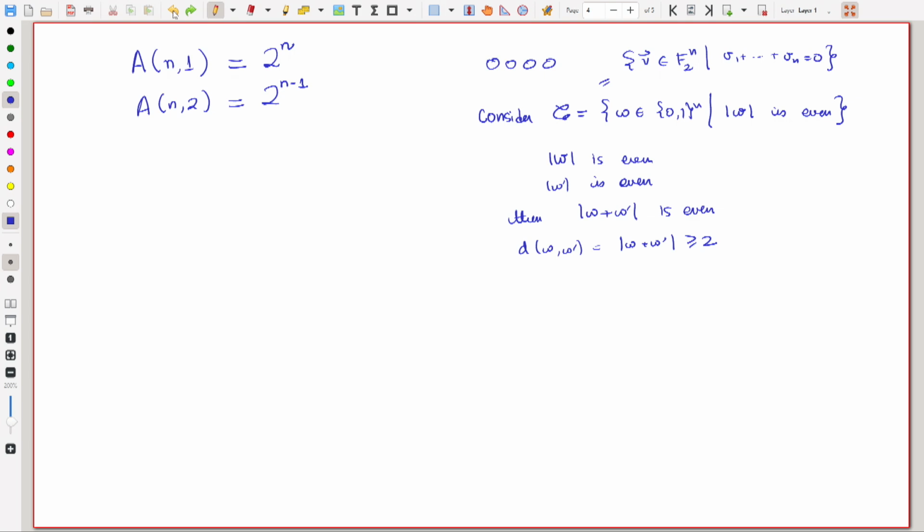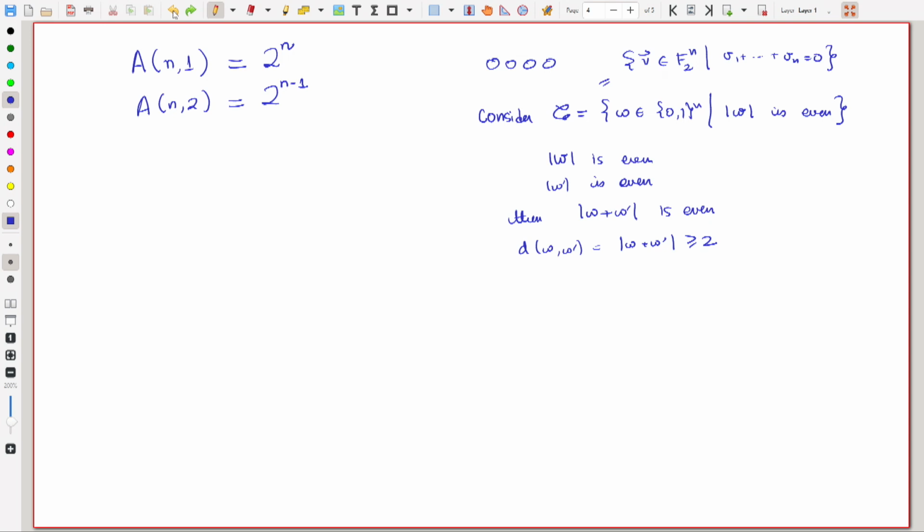This subspace business. So now instead of thinking of it as 0 1, think of it as F2, the field with 2 elements. Then this code is also a subset of that vector space, F2 to the power n, since F2 to the power n is identified with {0,1} to the power n.